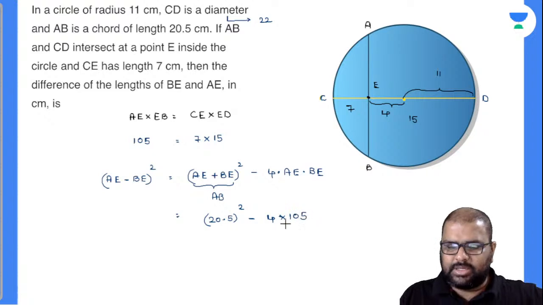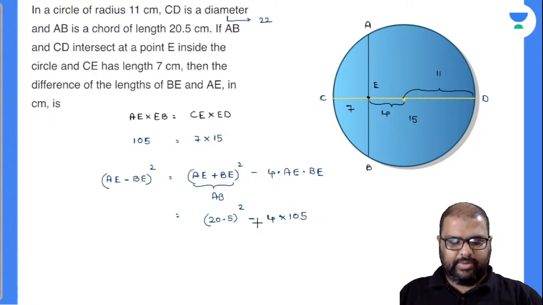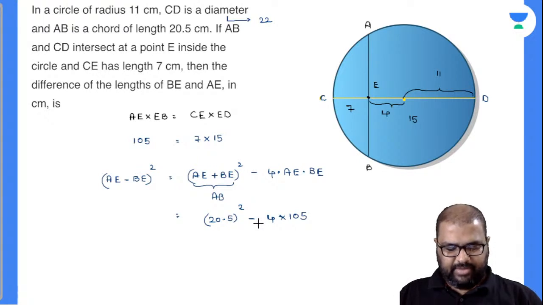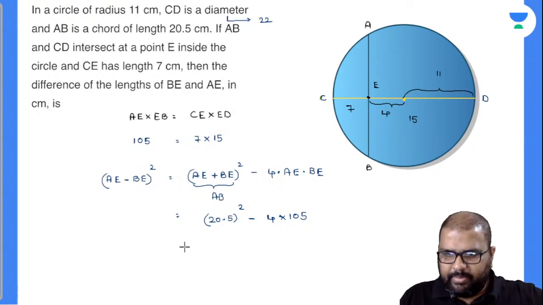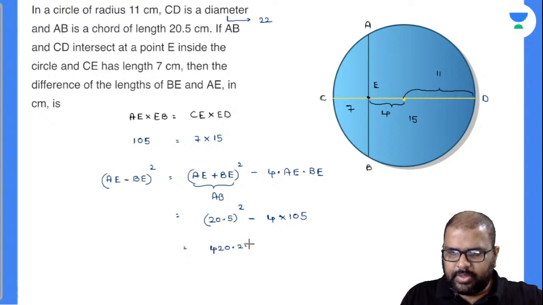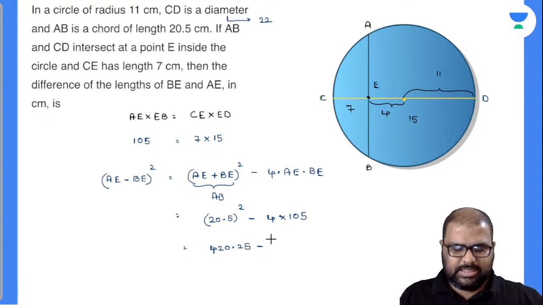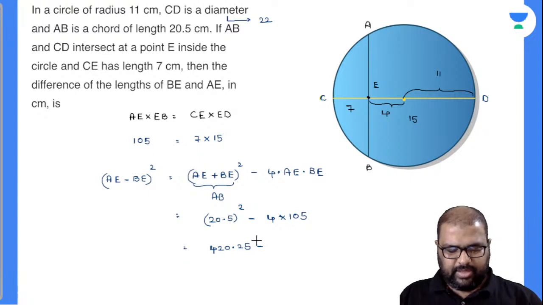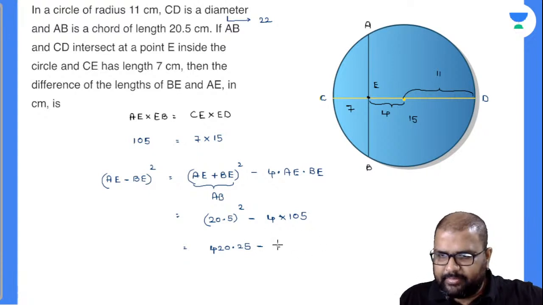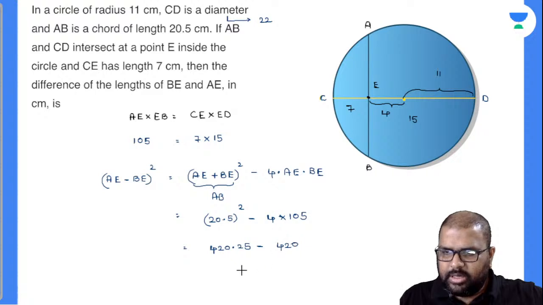Now subtract this and automatically you will get the value. 20.5 whole square, 20.5 into 20.5, is equal to 420.25. Minus 4 into 105, which is 420. Now this is equal to 0.25.